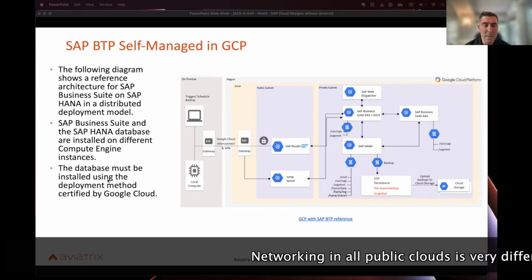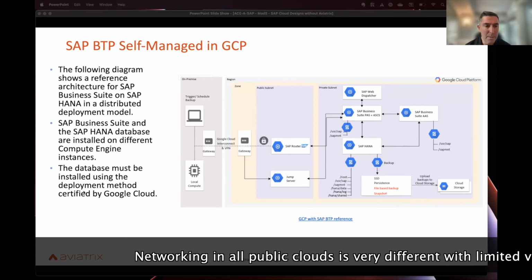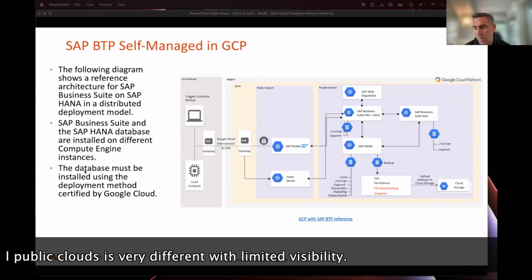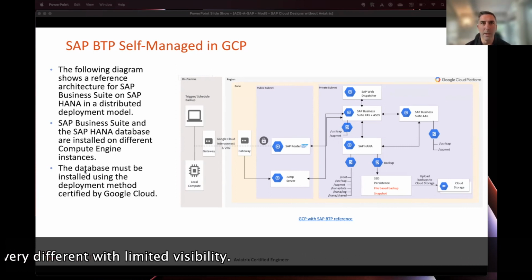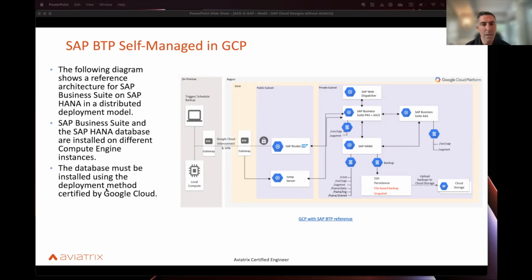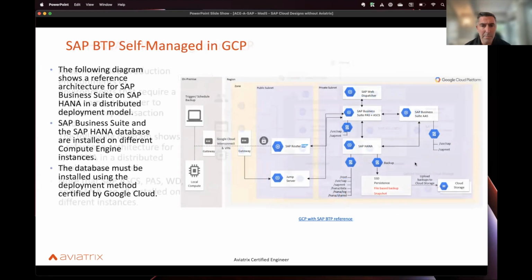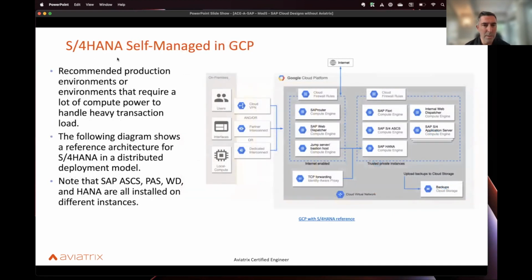It's very prescriptive though, but the database must be installed and certified by Google Cloud. You have these certified instances that are approved for support. If you don't use the approved service sizes and shapes, then you essentially can't get support for this environment. So that's really important. This goes through self-managed for the BTP portions and the application portions. If you dig into the actual database, HANA systems, there's a lot of compute and handling of heavy transactions.